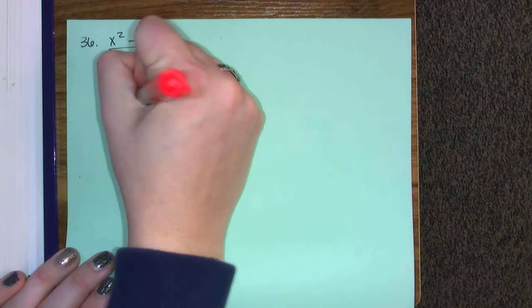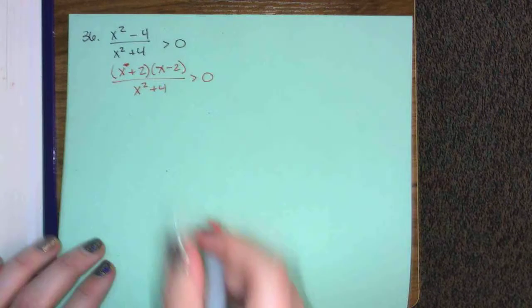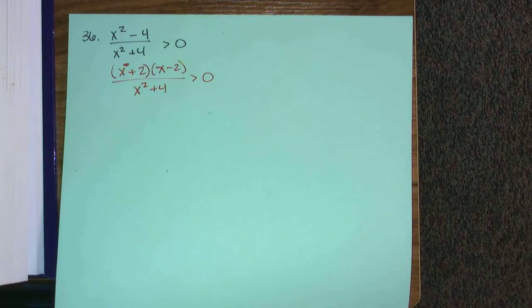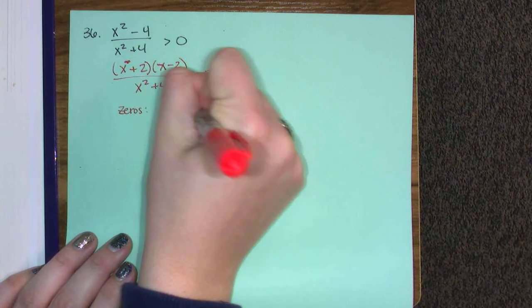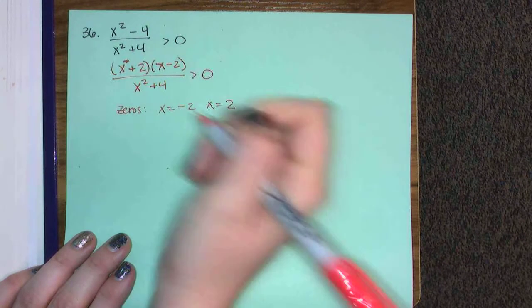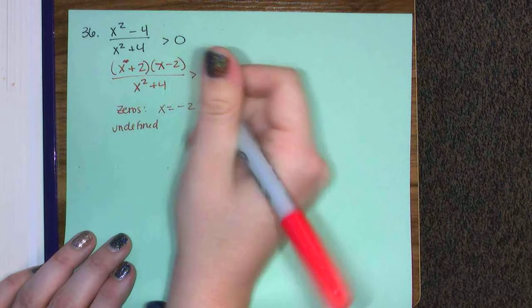Seeing if I could trick you. Alright, so then when I'm finding my zeros, where are zeros? Where's it undefined? Okay, same places.